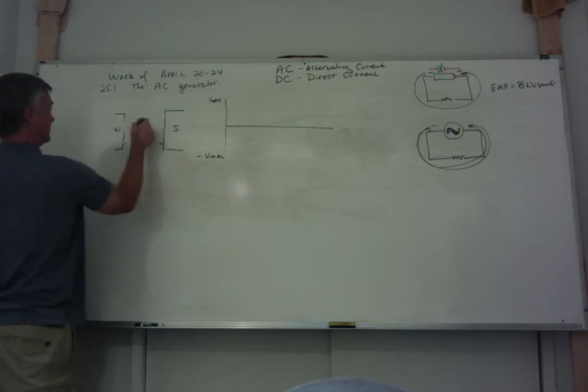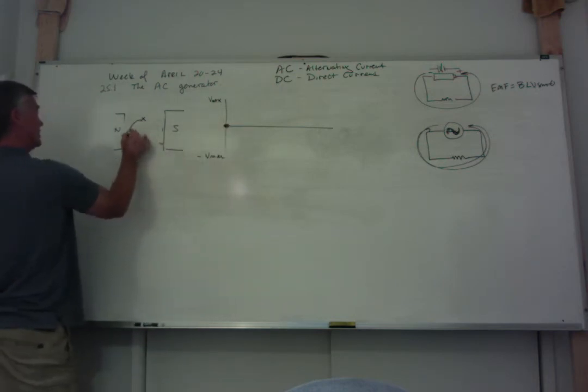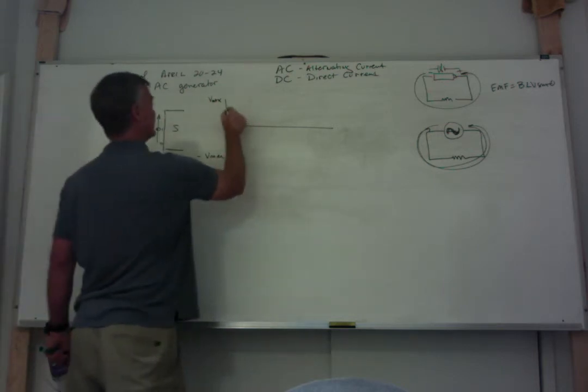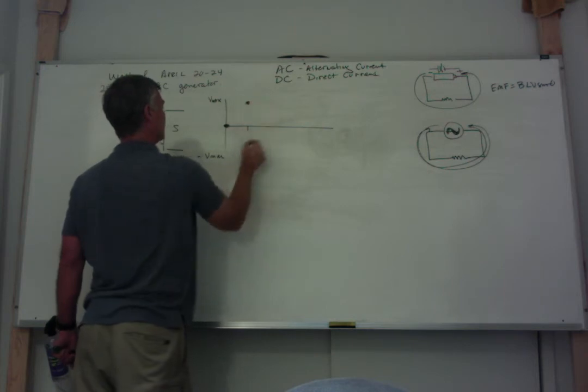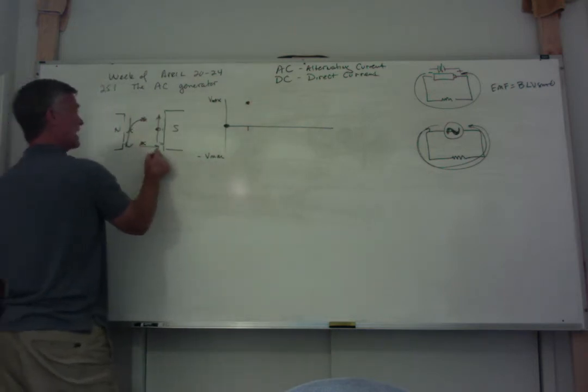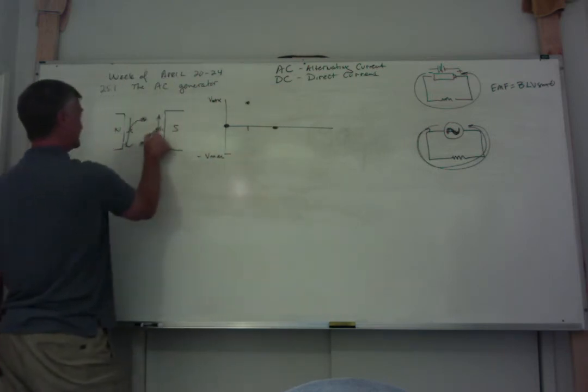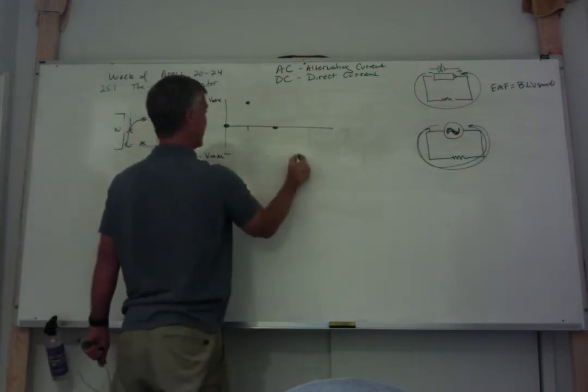Let's start with this being position 1. Right here, we would have 0 current. When I move to here, let's call this maximum current. When I move to the 3rd position, I have back to 0 current. And when I go to the last position, this goes back to maximum.